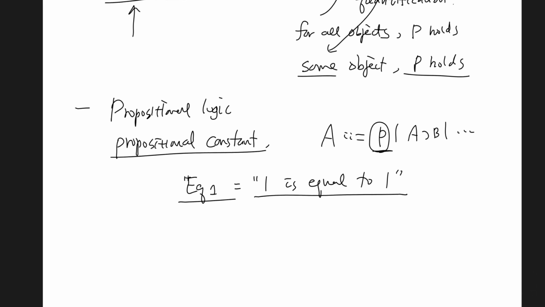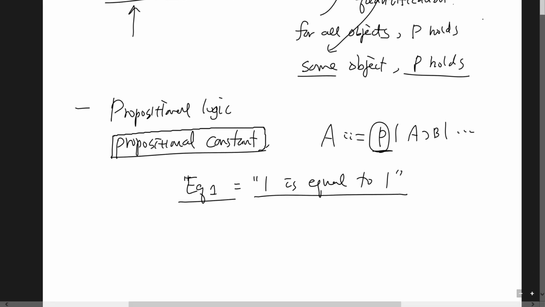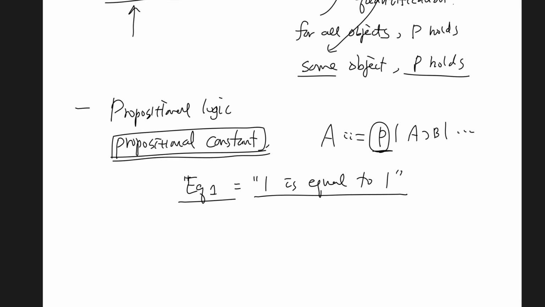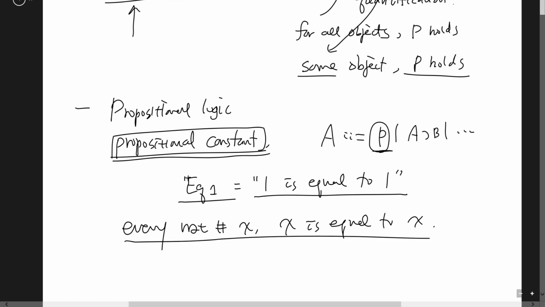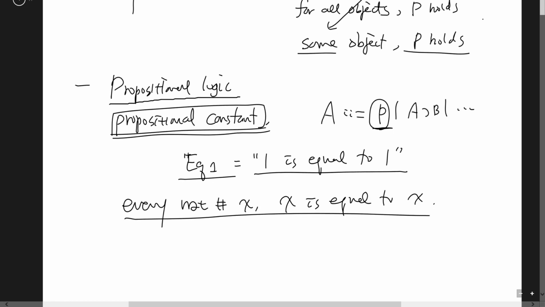But in practice, using only propositional constants has a lot of problems. For example, we'd like to usually state that for every natural number x, x is equal to x itself. In propositional logic, there is no apparatus for stating this every.